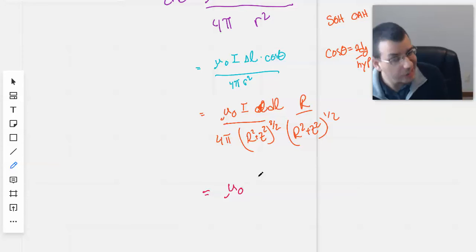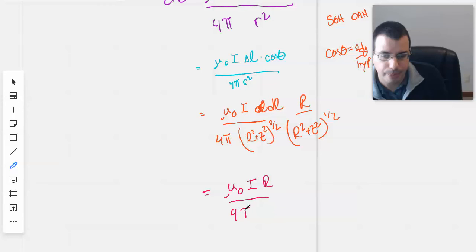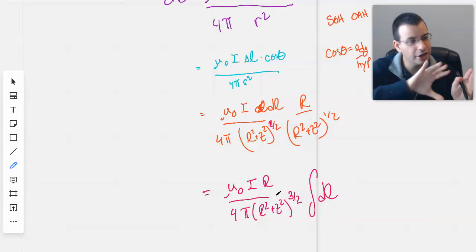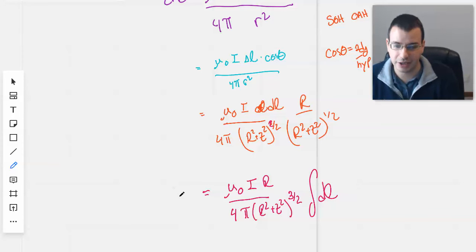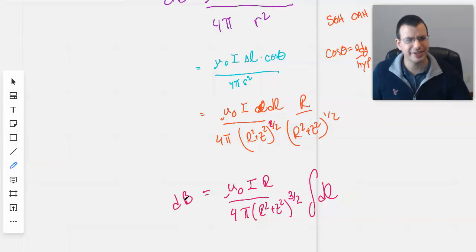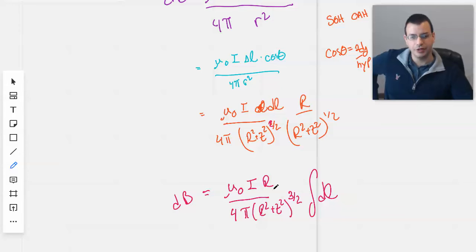Mu naught I R over 4 pi, R squared plus Z squared to the, that's supposed to be a 2, but now it becomes a 3/2, integral DL. So I could take all of those outside of the integrand, because these are all constants.